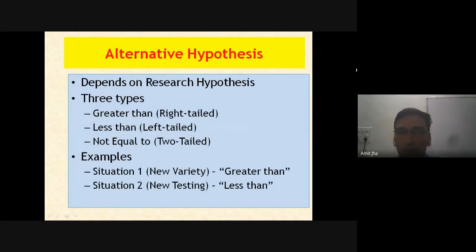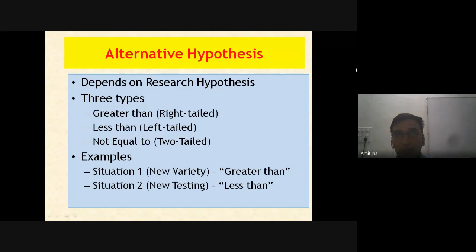So the alternate hypothesis, again: in the null hypothesis, we hypothesized that these two sample groups don't differ significantly. But if the null hypothesis is rejected, then we are in a position to accept the alternate hypothesis, wherein three types are made.